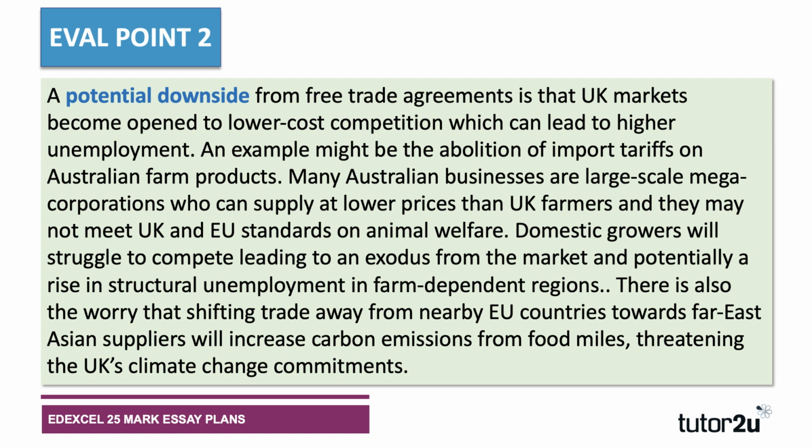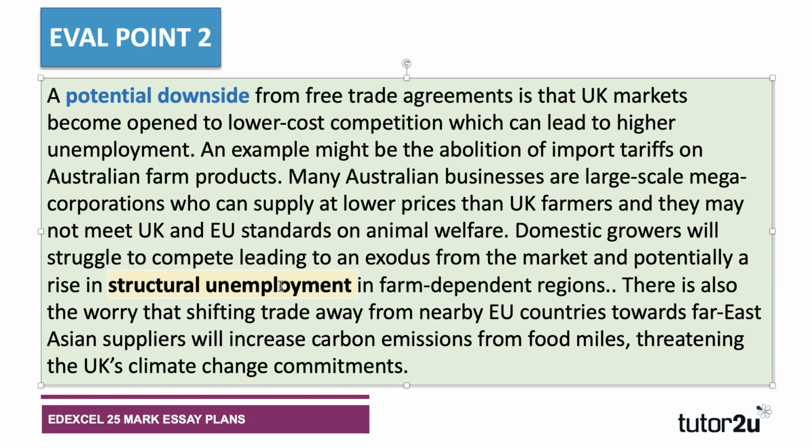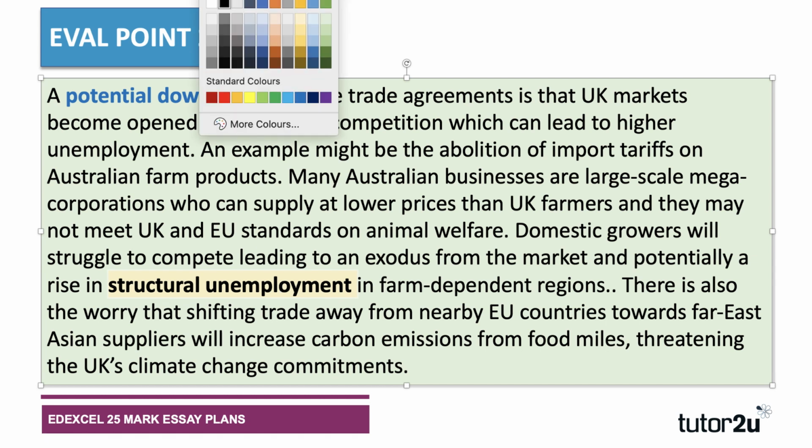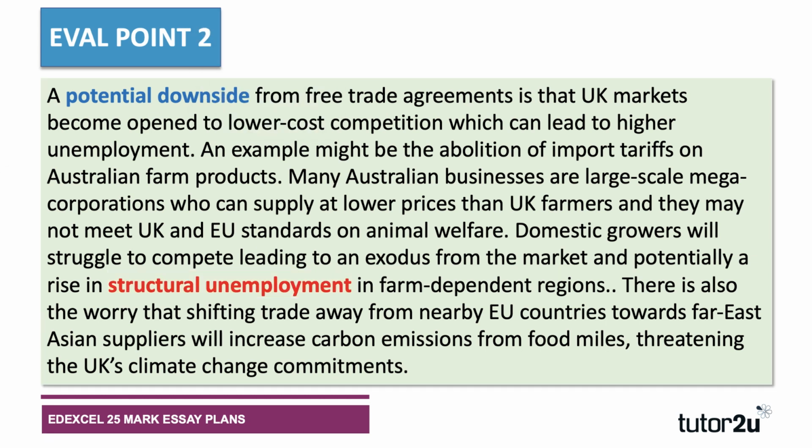And they may be able to produce at low cost, but they may not necessarily meet UK and EU standards on animal welfare. So you have this double whammy that domestic growers struggle to compete, leading to a rising structural unemployment in farm-dependent regions. Again, a nice concept there. When you bring concepts in, instead of just saying unemployment, use the term structural unemployment in farm-dependent regions, including maybe Scotland and Wales and things.